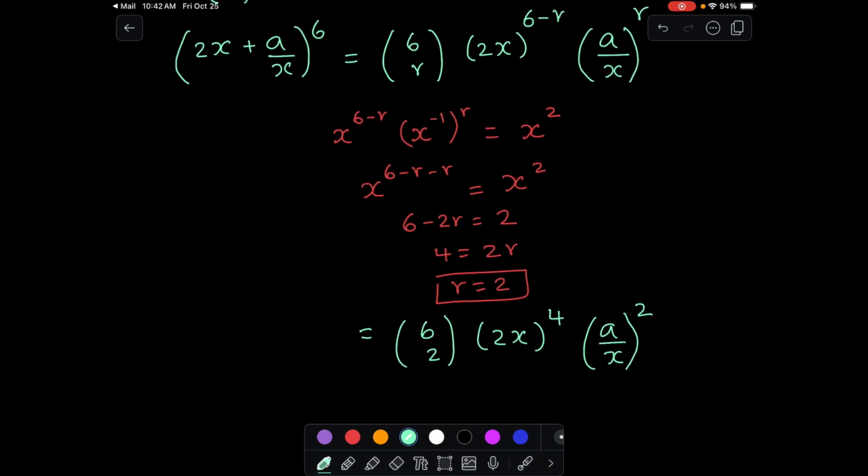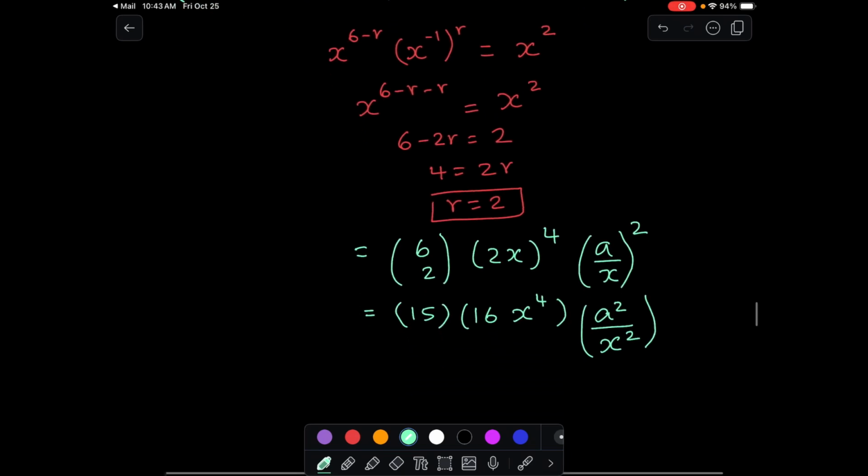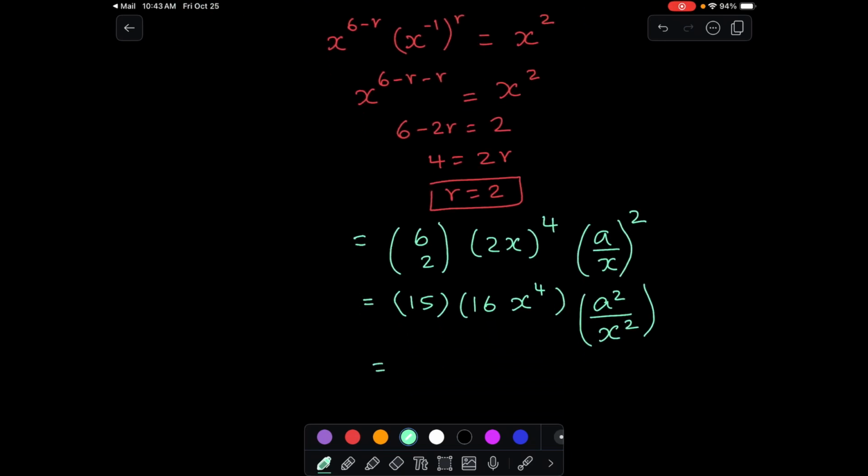So calculate 6C2, that's 15, times 2 to the power of 4, which is 16, x to the 4th, a square over x square. 15 times 16, that is 240, a square x square.